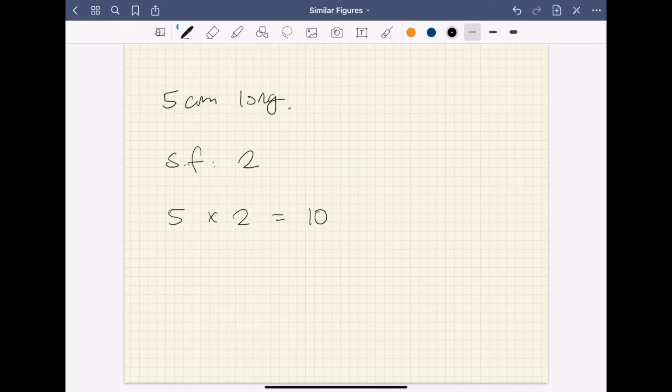Then the image is 10 centimeter long. If you compare 10 centimeter to 5 centimeter, it's enlargement. If my scale factor is, let's say, half, which is 0.5, then 5 times 0.5 is equal to 2.5. And 2.5 comparing to 5 will be a reduction.